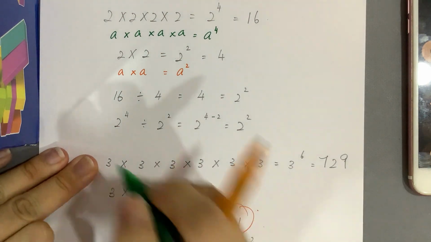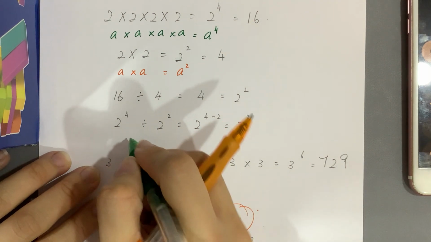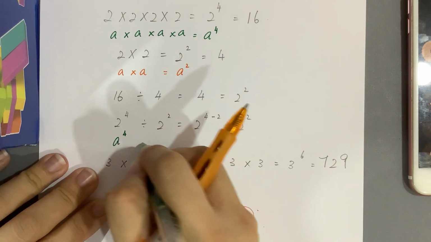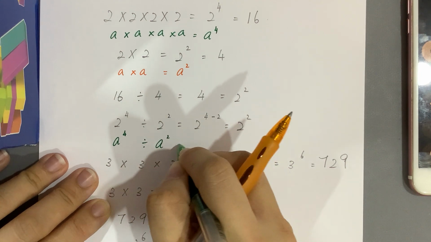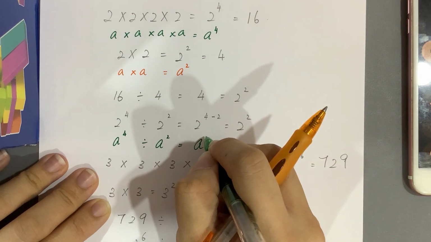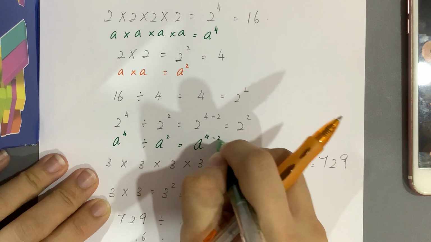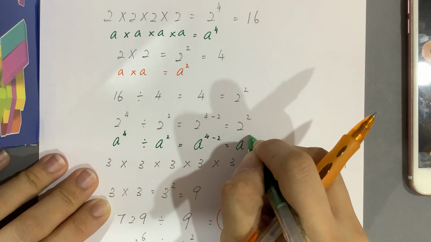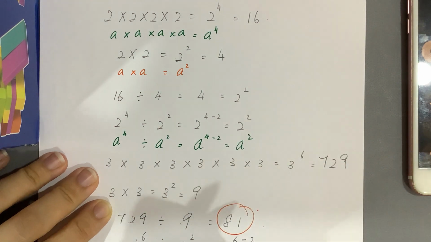So this one is actually a to the power of 4 divided by a to the power of 2, which is a to the power of 4 minus 2, a to the power of 2.